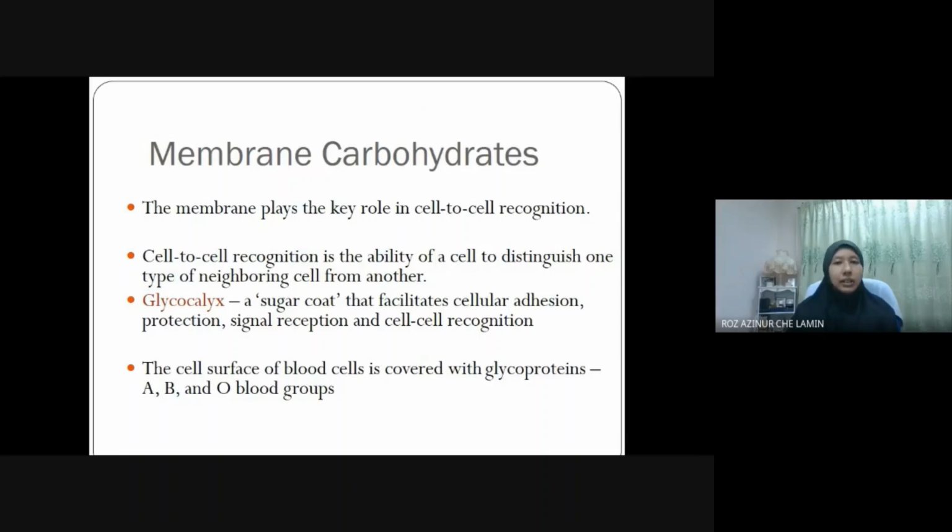And glycocalyx is a sugar code that facilitates cellular adhesion, protection, signal reception, and cell-cell recognition. The cell surface of blood cells is covered with glycoproteins, such as in blood grouping, which can specifically make a blood group of the ABO blood group type.